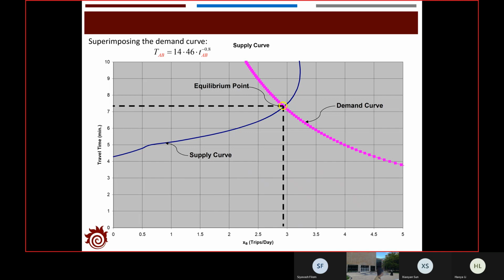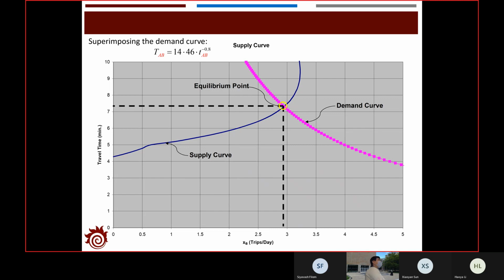Having this equilibrium point, you can find out what the flow is on route 1 and route 2. That's the way for you to combine this linear regression model with the demand and supply theory.